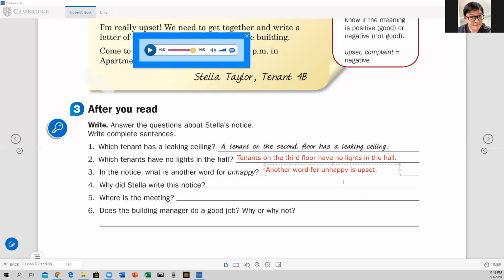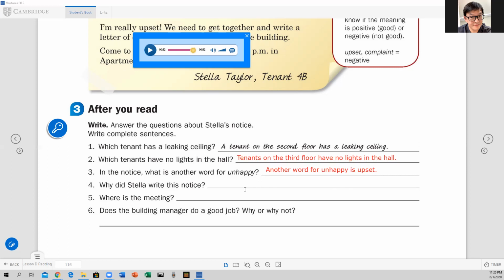Okay. And if you wrote a different sentence, as long as it's a complete sentence, that's fine. If you want to send me the sentence so that I can make sure the grammar is correct, please feel free to do so.